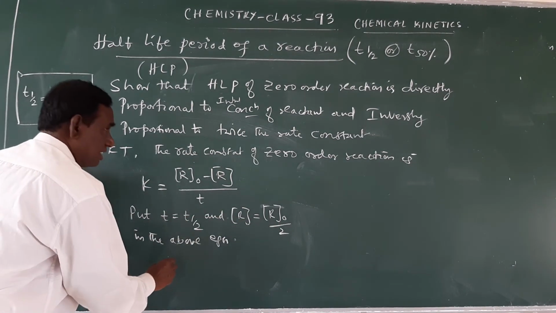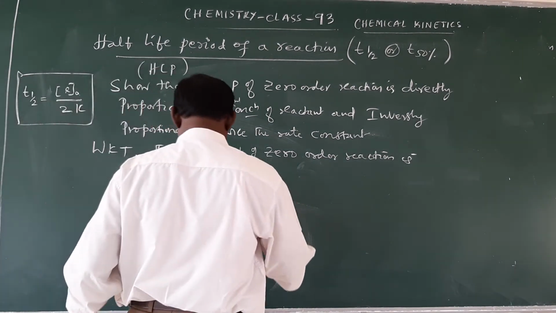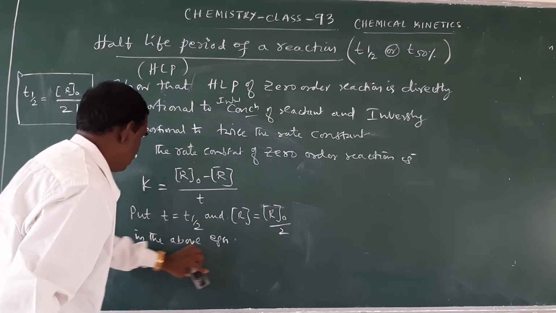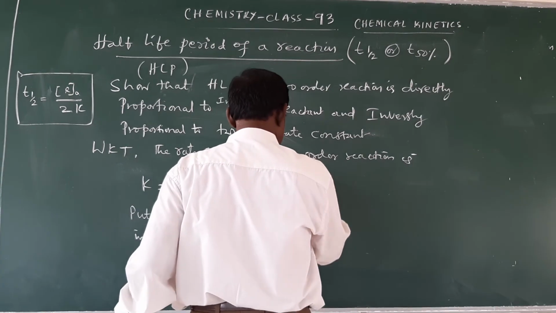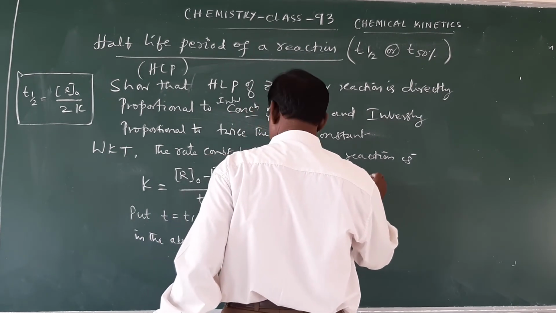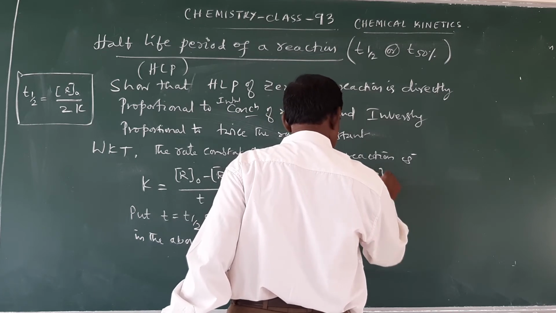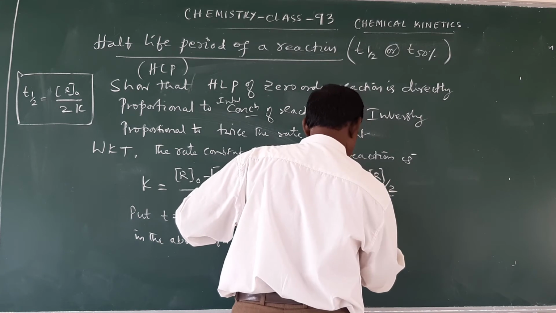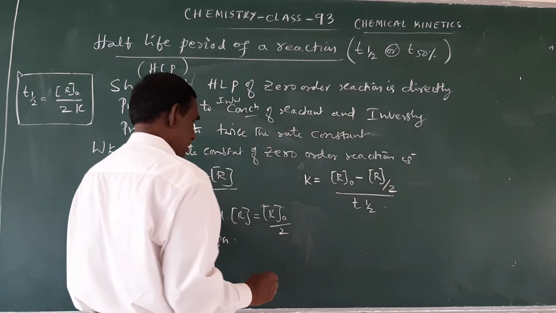So then K is equal to concentration of R naught minus concentration of R naught divided by 2, over T half.